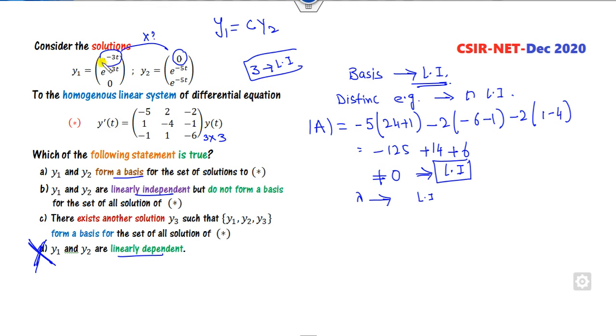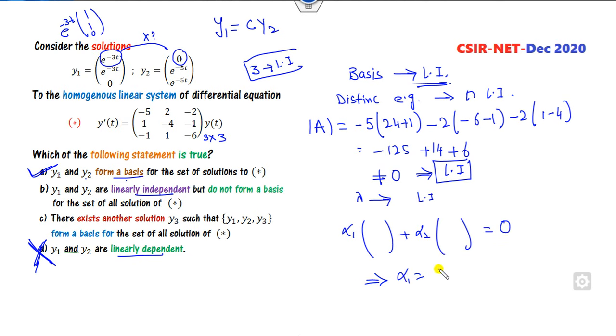Here, I can write this vector as e raised to power minus 3 t times 1 1 0. Fine. So this means minus 3 is an eigenvalue. Similarly here, y1 and y2 form a basis, that's 2. What is the basis? That's LI. If you multiply by vectors, you can easily see that alpha 1 and alpha 2 are 0, because in the first case alpha 1 must be 0, and in the second case alpha 2 must be 0.